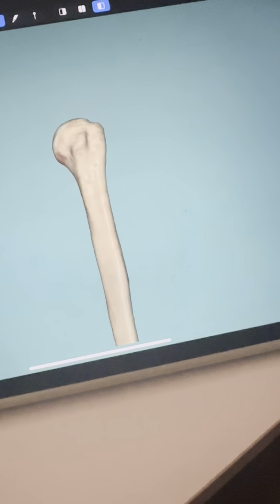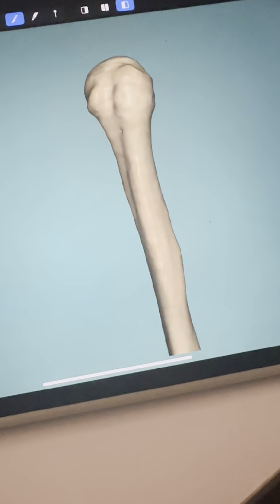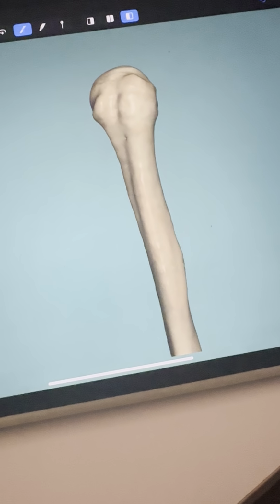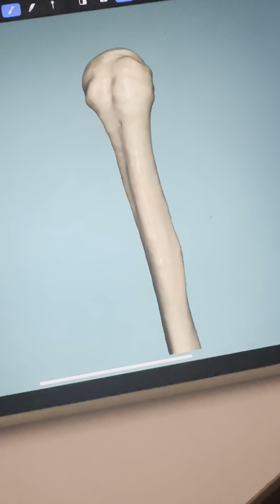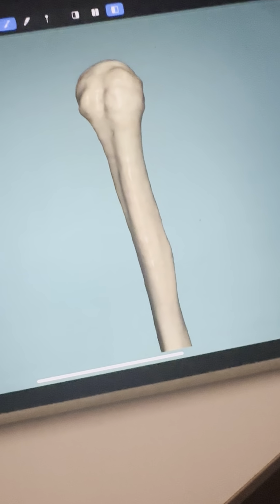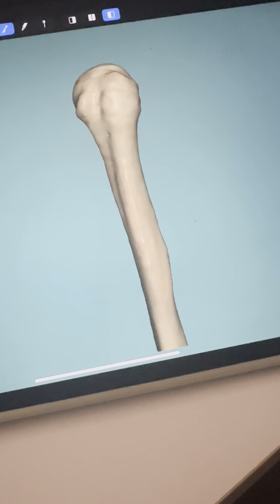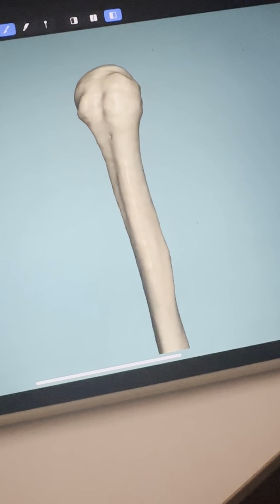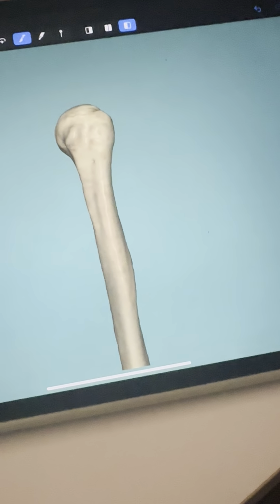You have your bicipital groove of the humerus between the two tubercles, where the biceps brachii tendon will lie. Your surgical neck is your common site for fractures.